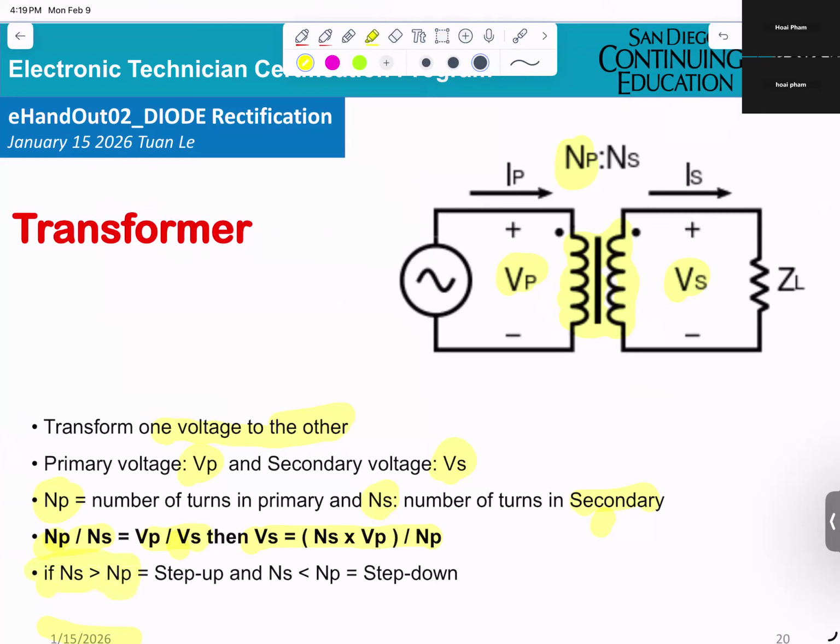If NS is greater than NP, that's what they call step up. That means you apply a lower input voltage and the output will be higher. Or step down. Take the outlet voltage here: how many volts? 120.